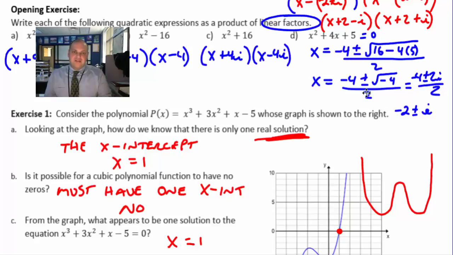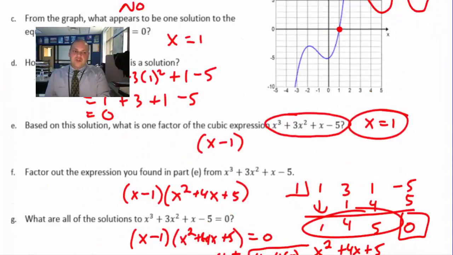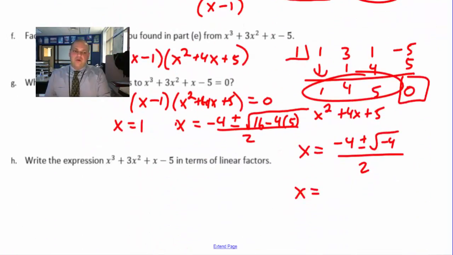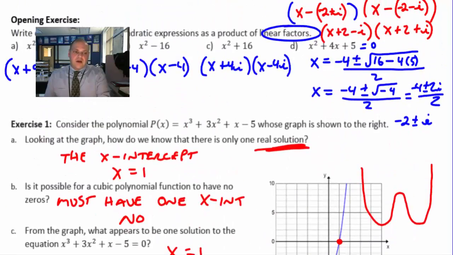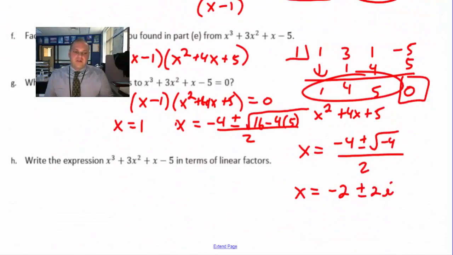It's this: x squared plus 4x plus 5. That's why we did this opening exercise. So we know it's going to come out to be negative 2 plus or minus 2i over 2, so negative 2 plus or minus i. Oh, did I make a mistake up here? No, it's just i. Negative 2 plus or minus i.